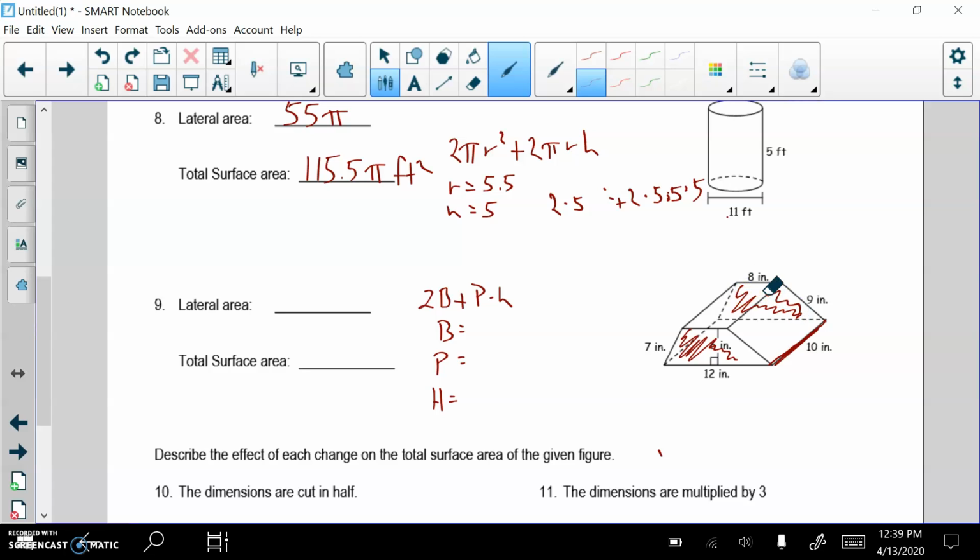That's why this is called a trapezoidal prism. Okay, so I'm going to erase all my little markings. I've already isolated what capital H is. So capital H, or the height of my prism, is 10.